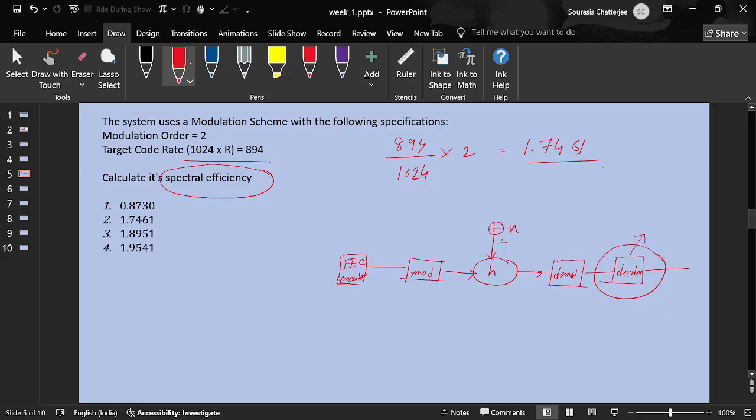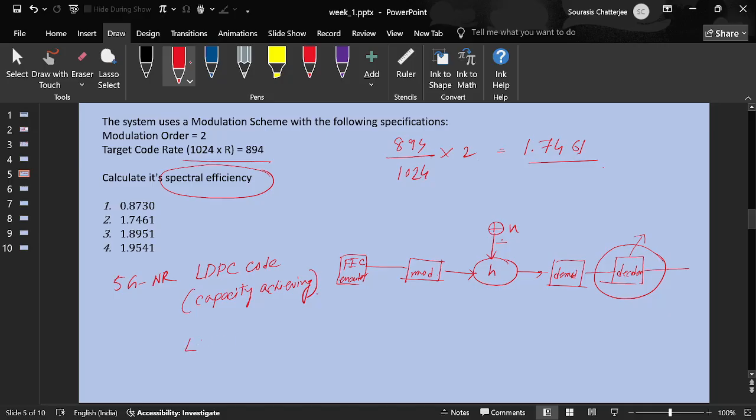Correct. Absolutely. So in 5G NR, 5G new radio, the forward error correction code is known as LDPC code, and this is a capacity achieving code. And one crucial thing to note here.